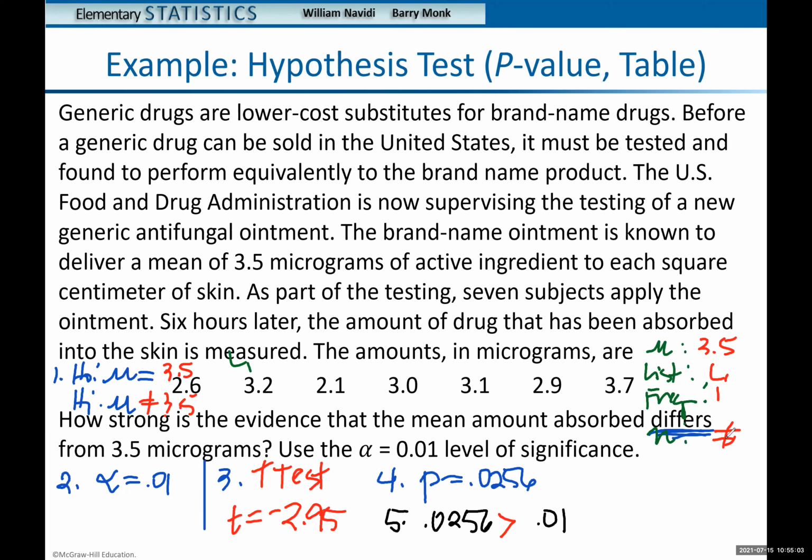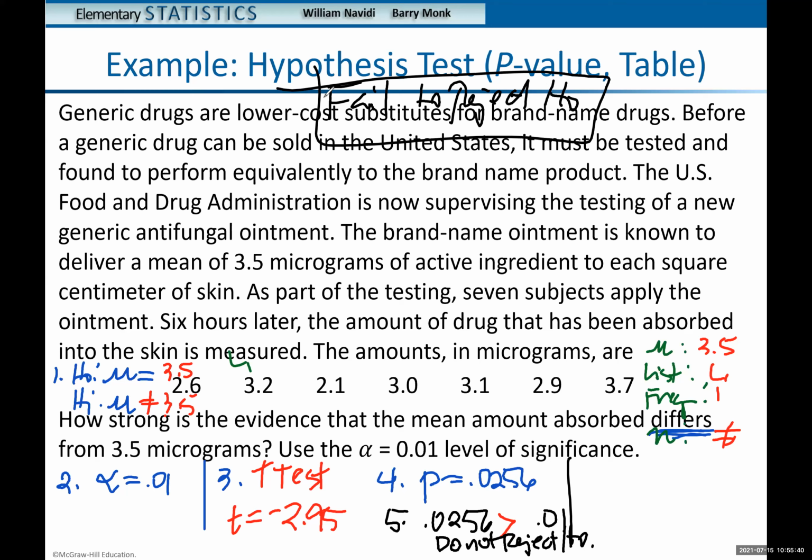All right. So since it's greater than, what is the conclusion? Our decision is, you don't reject H0, so do not reject H0. In Connect Math it is either do not reject H0 or fail to reject H0, either of the two.